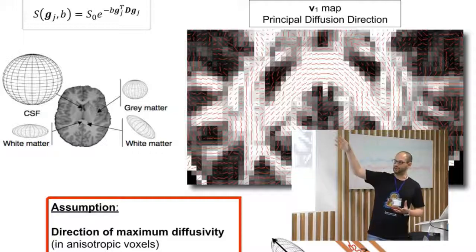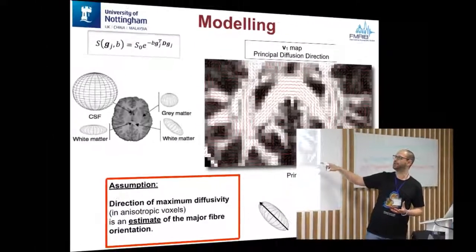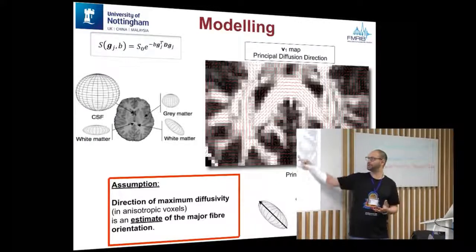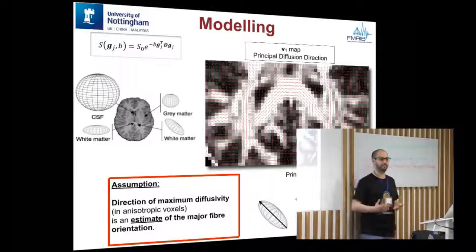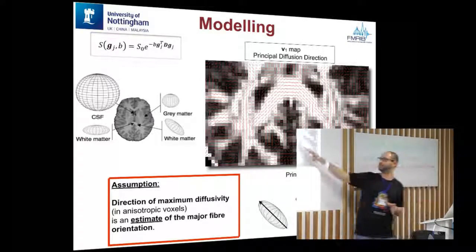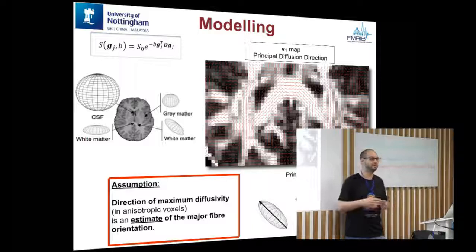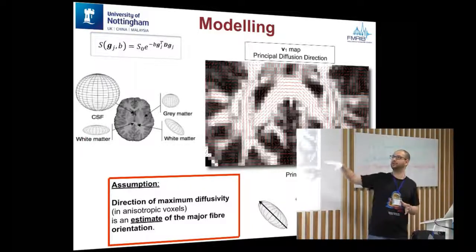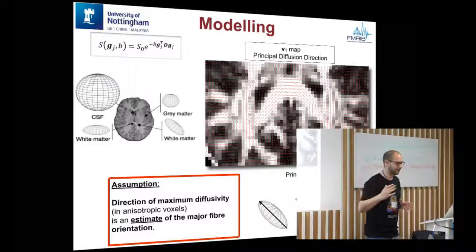So given the D, which in this case is going to be the diffusion tensor, I can now start to put these vectors into each and every voxel that I've acquired, right? So now I have the information that here, water molecules tend to diffuse from the front to the back of the brain, right? And so on and so forth for all the other spatial locations.